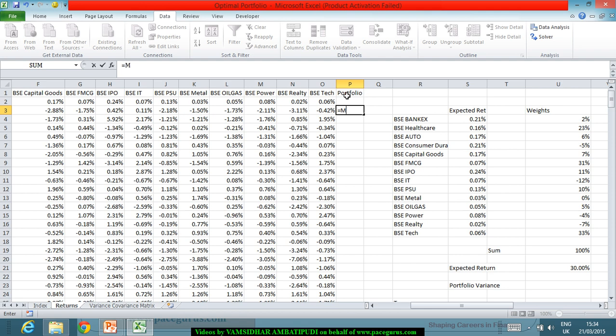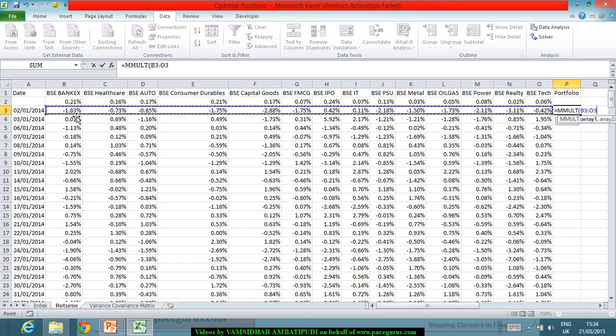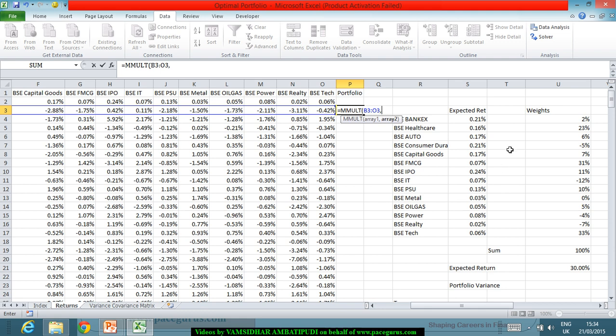So I could very well do a matrix multiplication of 1 by 14 with these weights, a 14 by 1, which I can freeze. So this will give me the portfolio's returns.